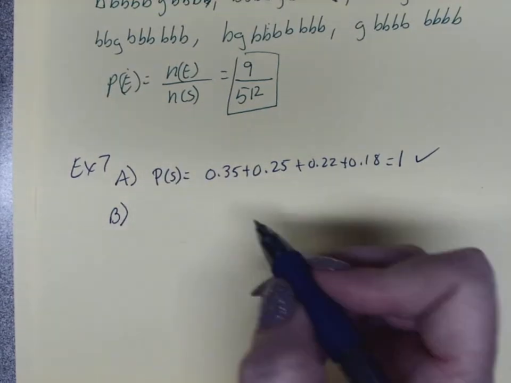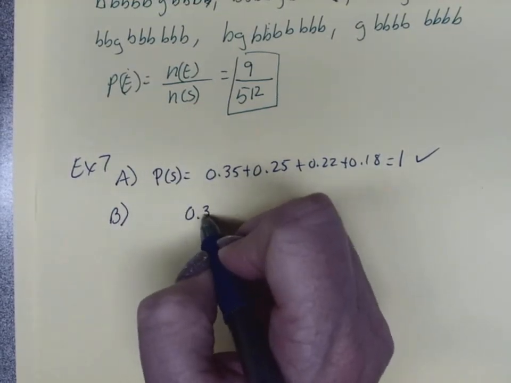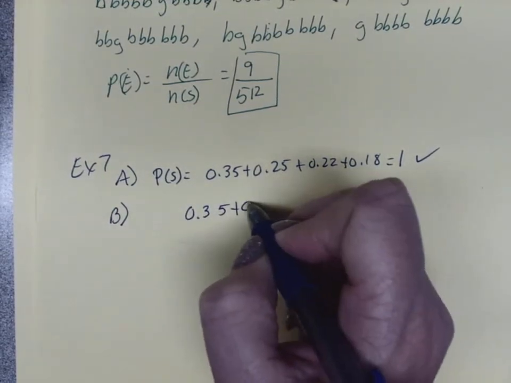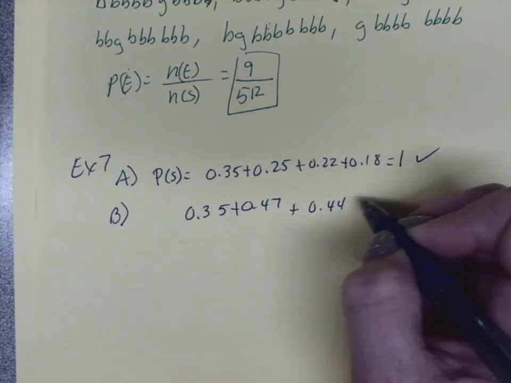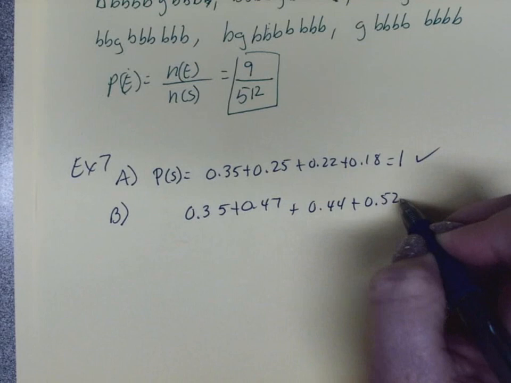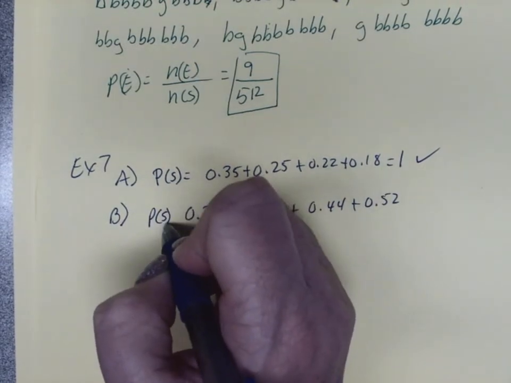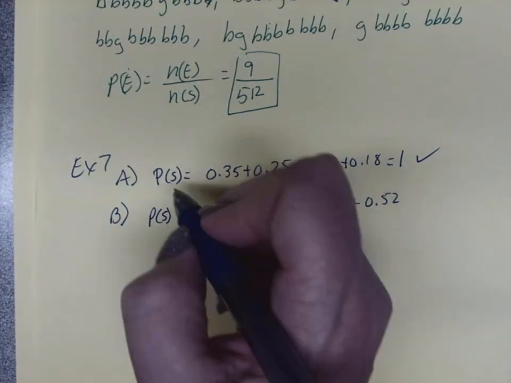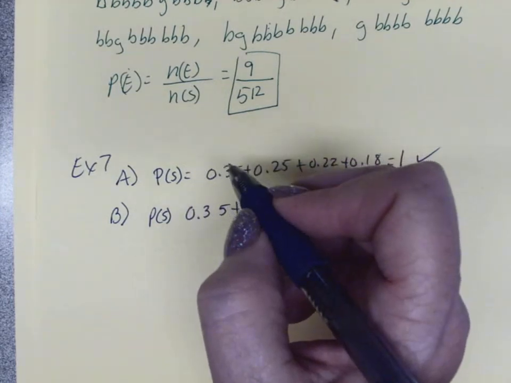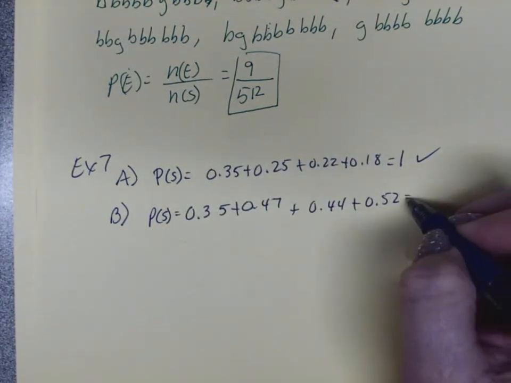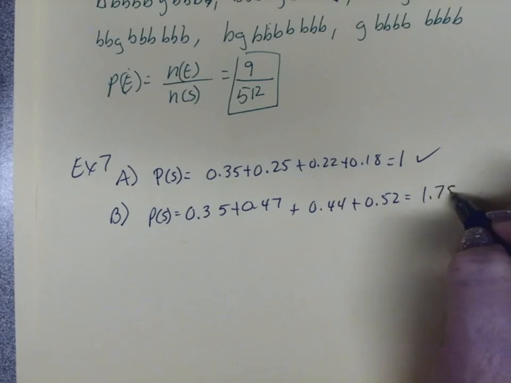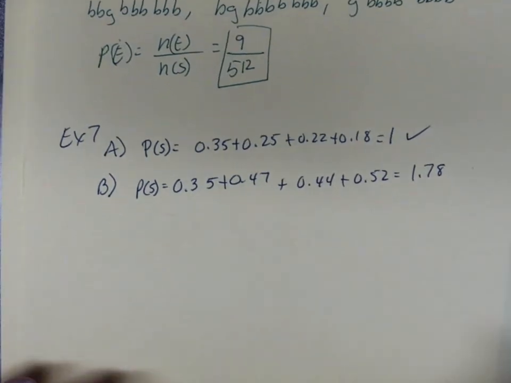For the second set of numbers, we have 0.35 plus 0.47 plus 0.44 plus 0.52. So this again is our probability of our event happening here. This ends up being 1.78.